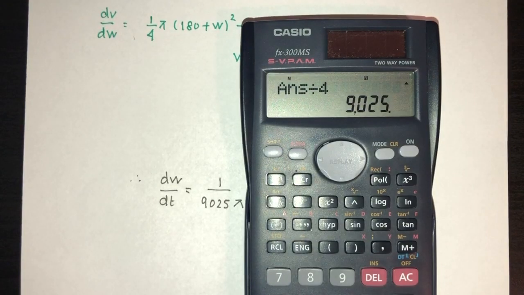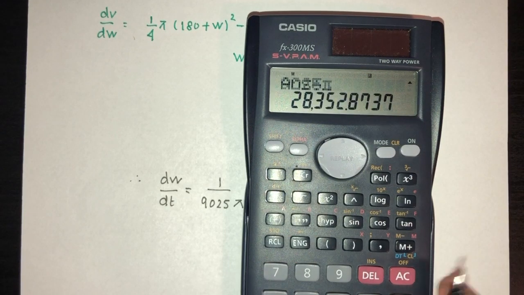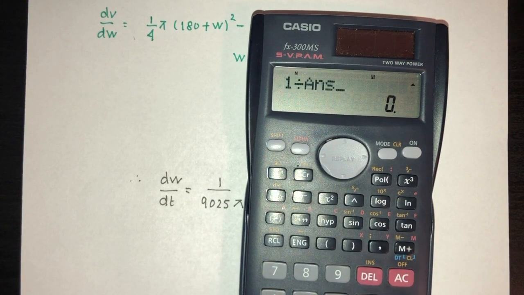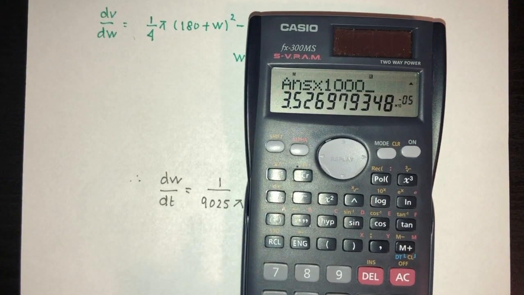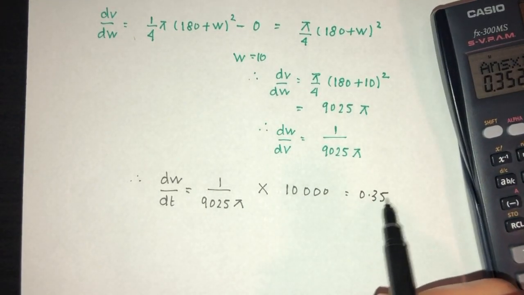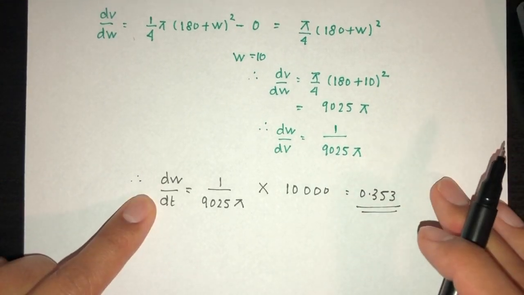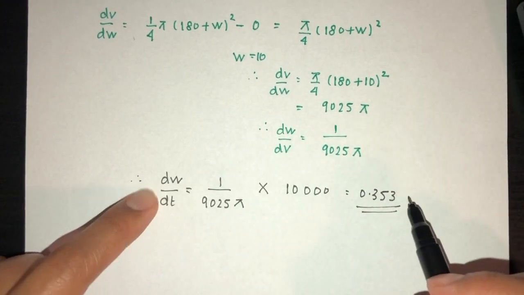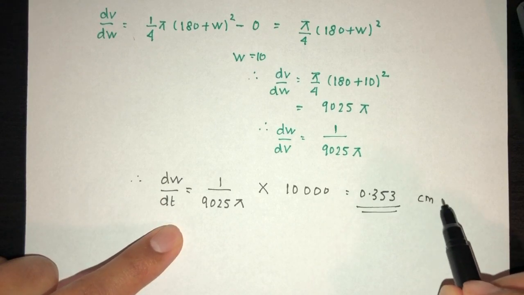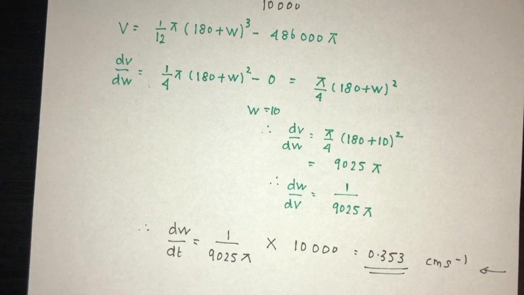So 1 divided by 9025 pi, times 10,000, should be about 0.353. That is correct to 3 significant figures for the rate of change of the depth with respect to time, centimeters per second. That is your question number 11.